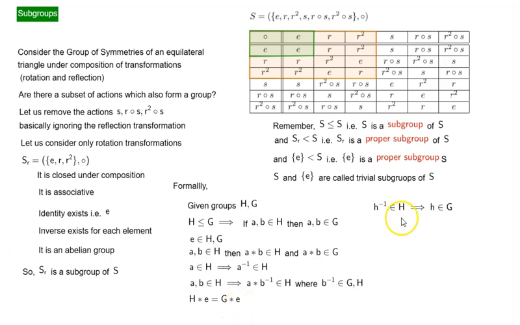H inverse is in H implies H is in G. Order of an element in H is equal to the order of that element in G as well.